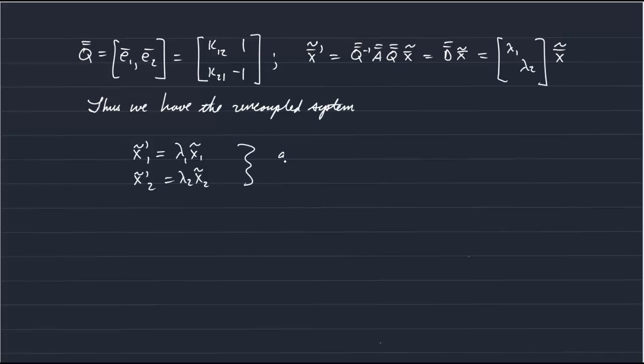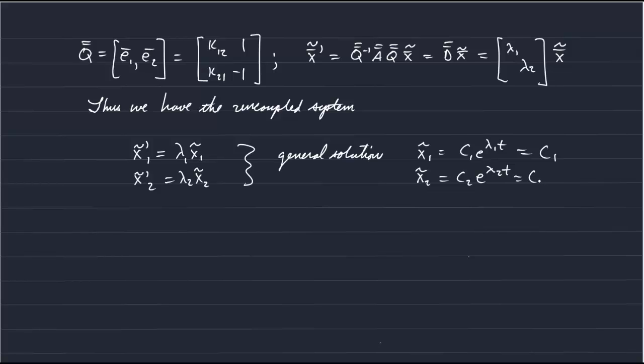And the general solutions, this is a first order ODE with a constant coefficient and it's homogeneous. Our x1 tilde is equal to c1 e to the lambda 1 t, and x2 tilde is equal to c2 e to the lambda 2 t. And of course, lambda 1, if you might recall, is equal to 0, so that just gives c1 for the first solution.